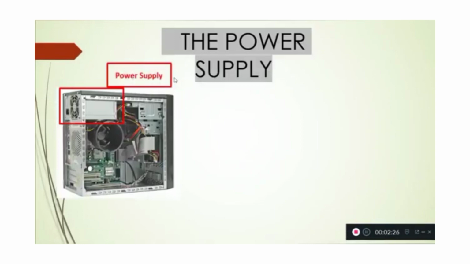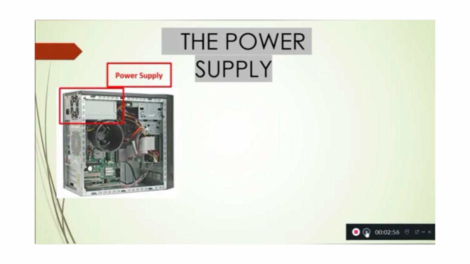Next is the power supply. You know that the computer is an electronic machine. It works on electricity. The power supply unit in the CPU cabinet passes electric current through the computer.